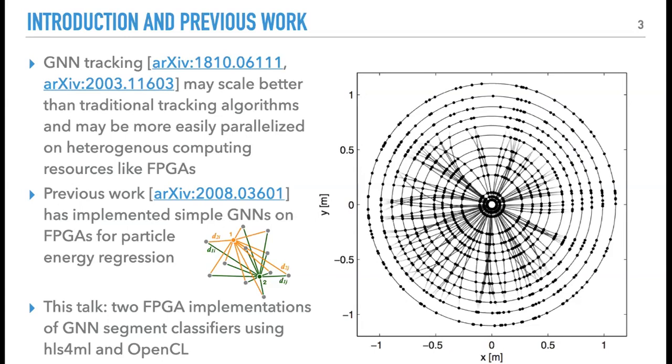We've done some previous work, which you can see at this arXiv link, in which we implemented simple GNNs on FPGAs for high energy physics, specifically for the task of particle energy regression. In this talk, I'll be talking about two complementary FPGA implementations of GNN-based segment classifiers using HLS4ML and OpenCL, two open source frameworks.